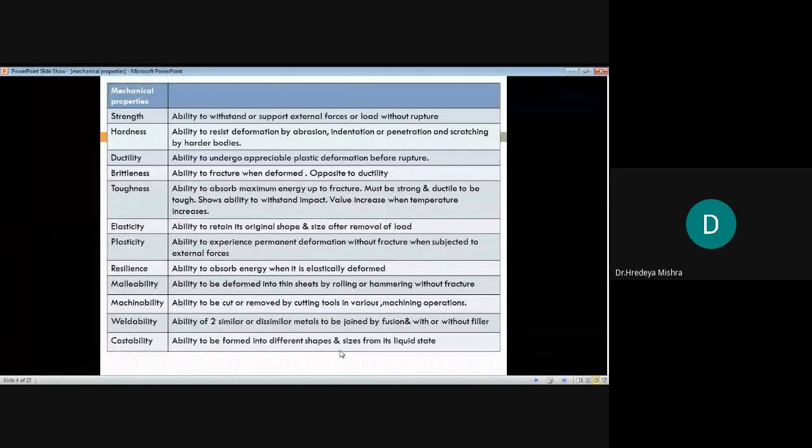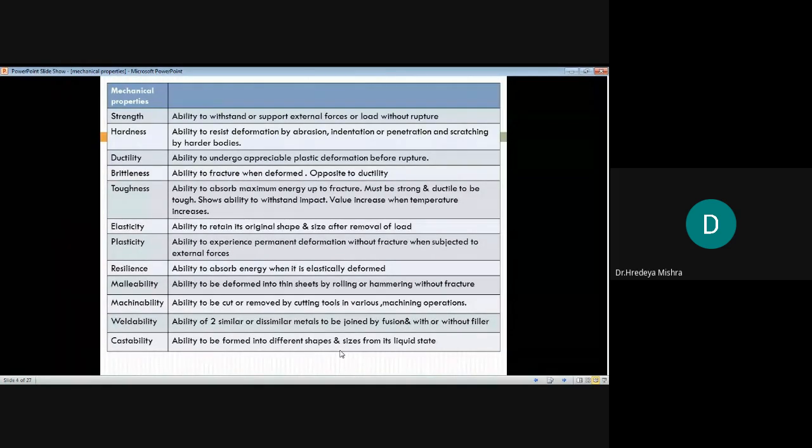Okay, so what is ductility? Ductility is the ability to undergo appreciable plastic deformation before the rupture. What is the meaning of that?